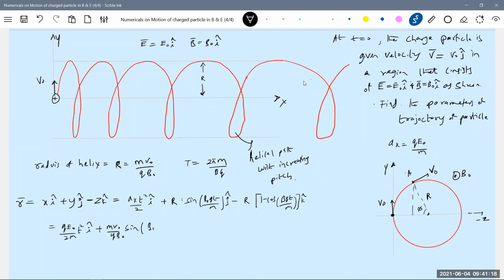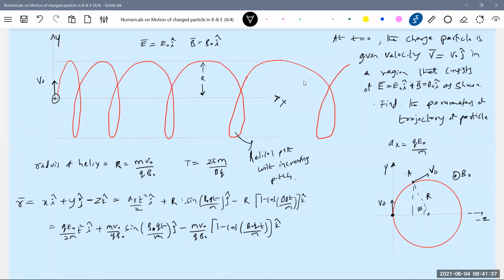Okay, here we have changed it, B naught. This is a general idea a student must have.